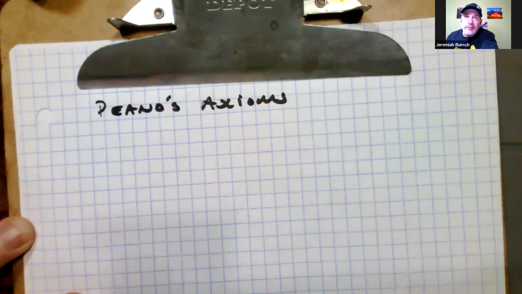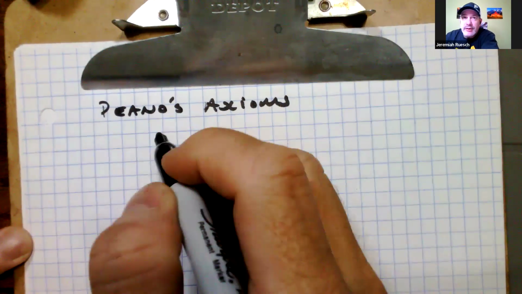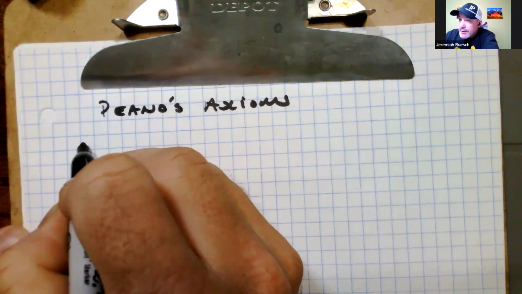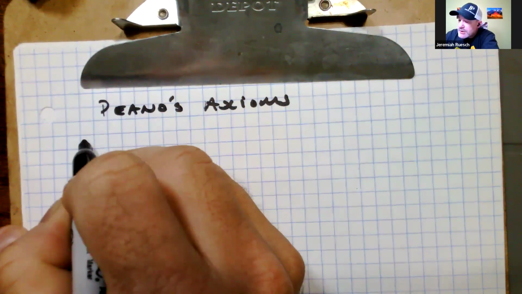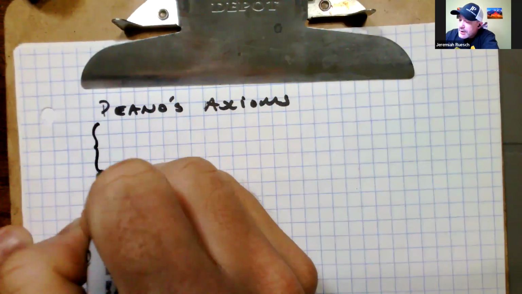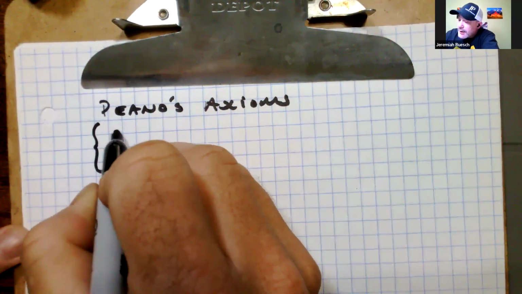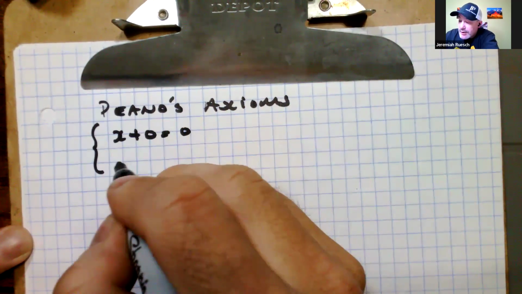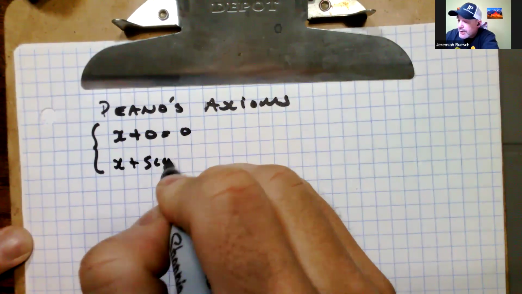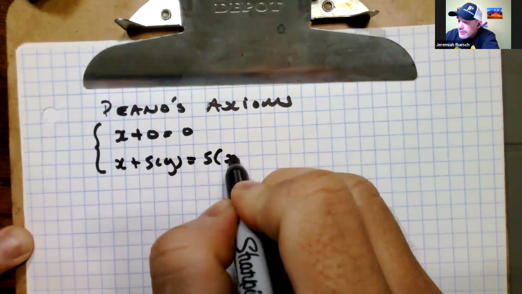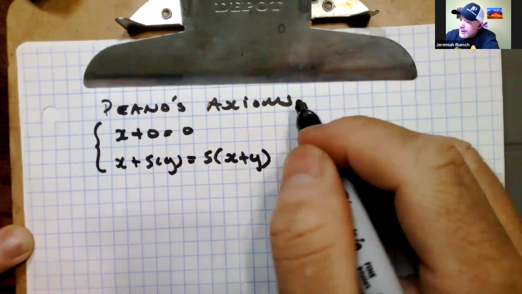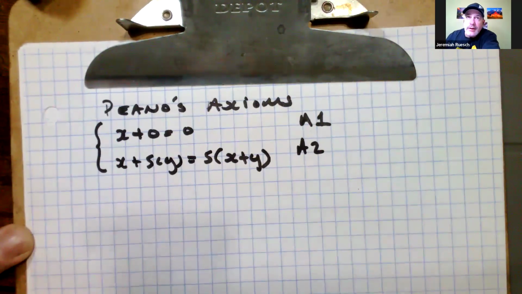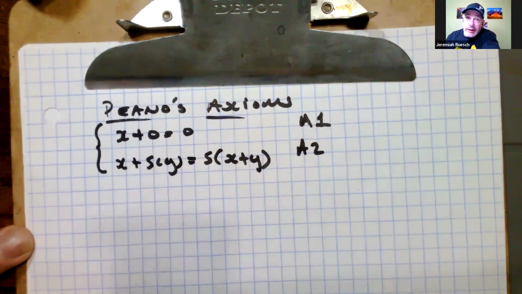We have our five axioms, which I won't write here, but they're easy to identify. I will write the definition of addition, since we will be using these. The definition of addition is x plus 0 equals x for x in the natural numbers, and x plus the successor of y is equal to the successor of x plus y. I'll often refer to these as A1 and A2 in the proofs that follow.